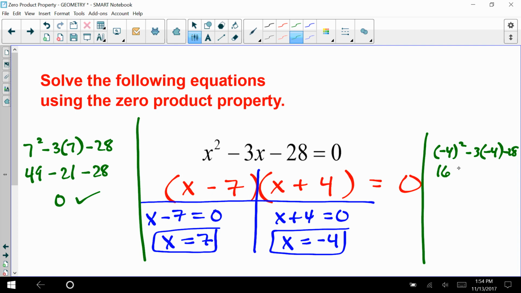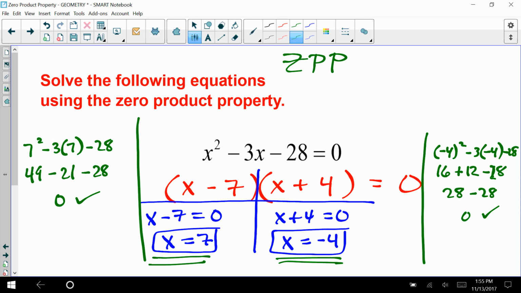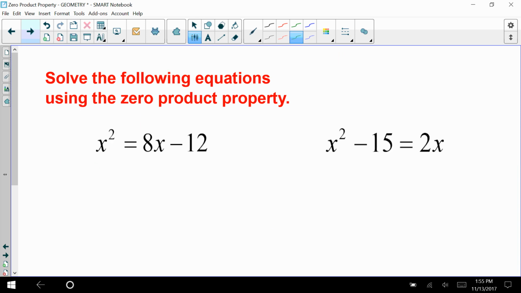So we get 16 plus 12 when you're multiplying the negatives, minus 28. So we get 28 minus 28, 0. That works. So these are two solutions. X is 7. X is negative 4. So this is using the zero product property, or ZPP for short.